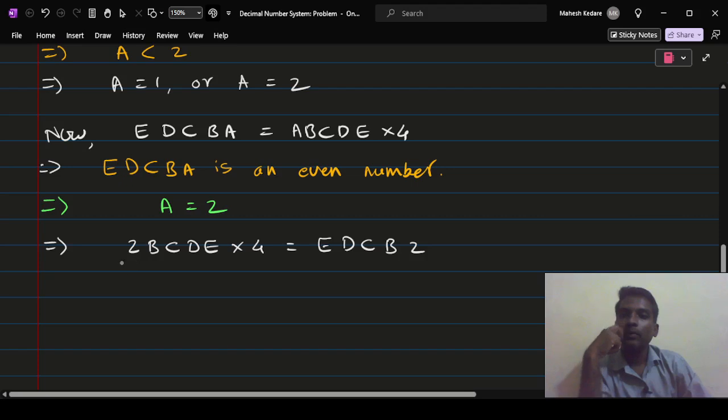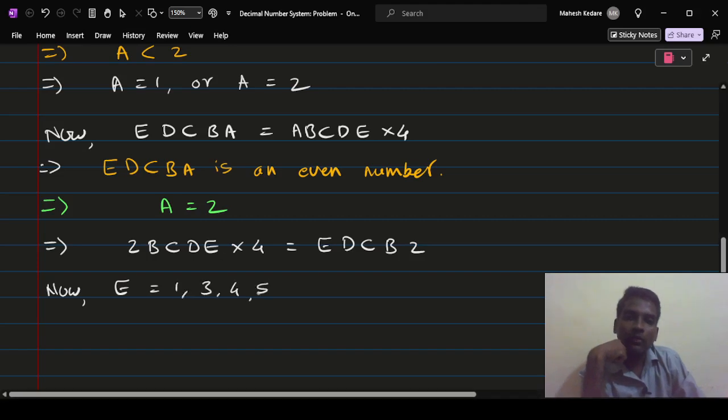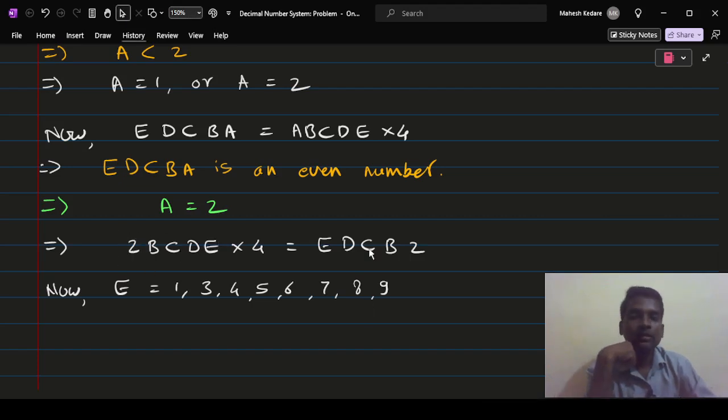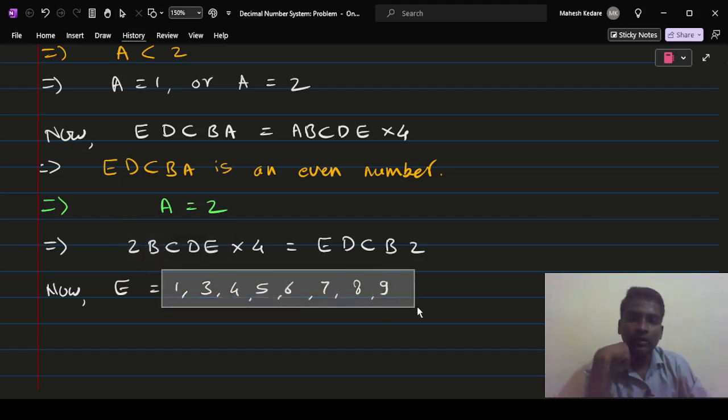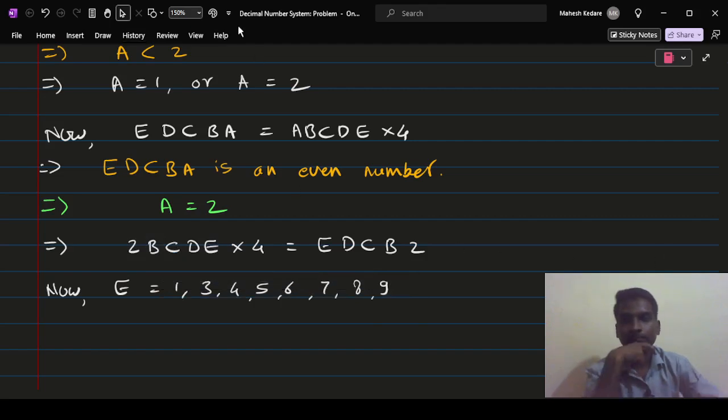We have a number of choices for E: 1, 3, 4, 5, 6, 7, 8 and 9. E cannot have the value 2 because in the problem it is given that all the digits are different. So once A is 2, none of the other digits will have the value 2.